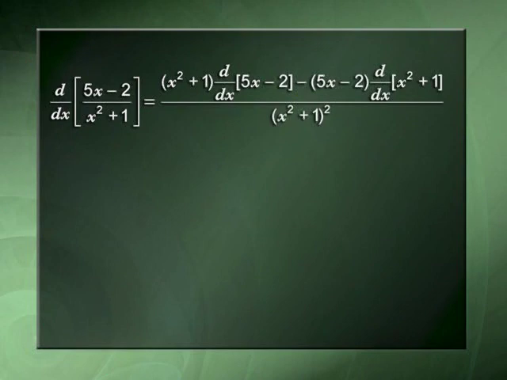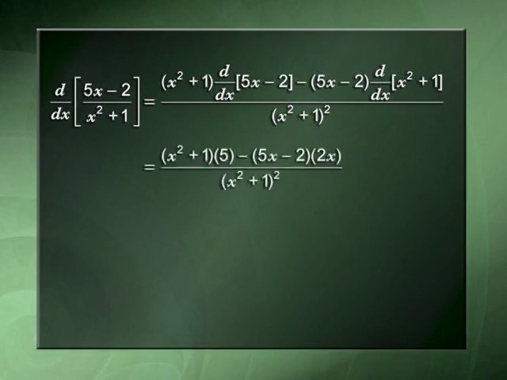Now, let's do the derivatives. It's going to be x squared plus 1 times the derivative of 5x minus 2, that's just equal to 5, minus the quantity 5x minus 2 times the derivative of x squared plus 1. Well, that derivative is 2x. All of that divided by x squared plus 1 quantity squared. Now, we aren't through yet.